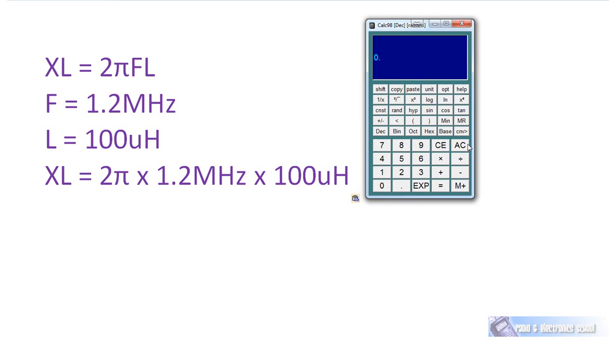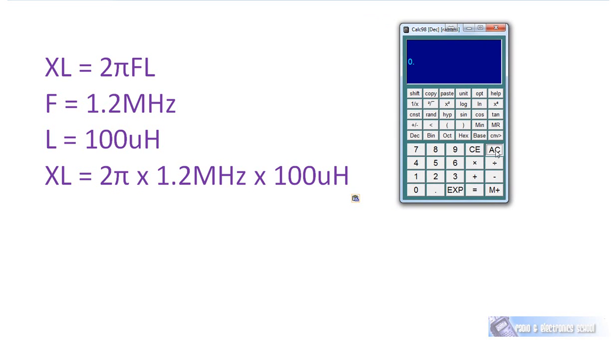Press all clear, always, and I'm going to enter in 2 pi. 2 multiplied by, I've got to press the shift key to get pi.